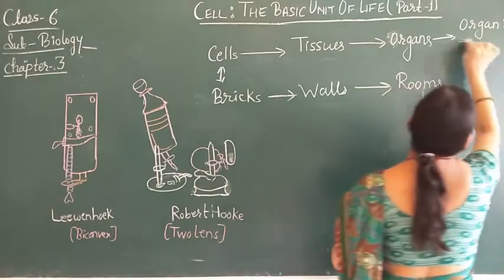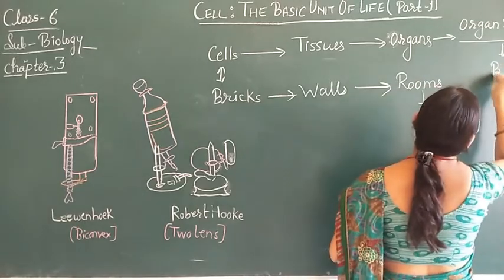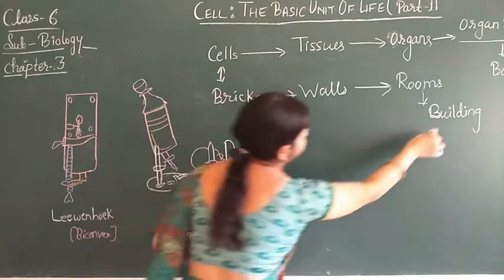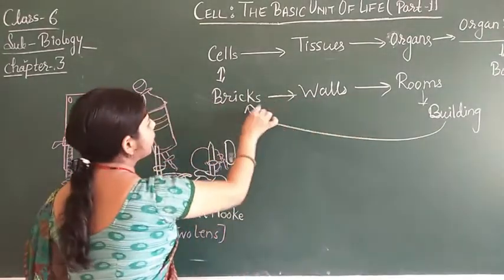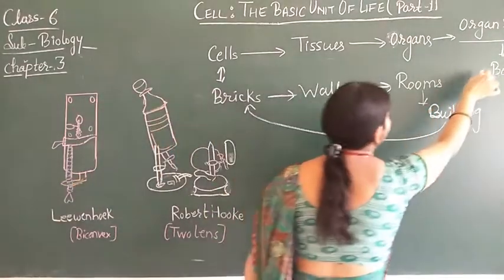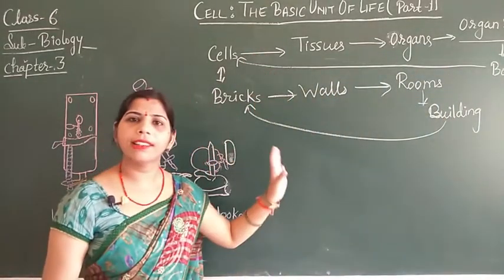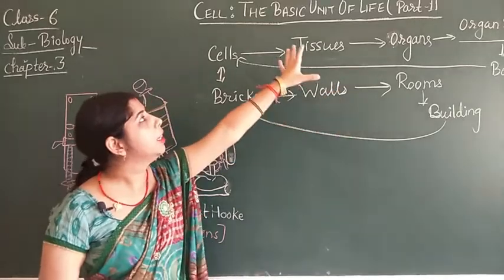And all the organ systems form the body. The basic structure of a building is bricks, and our body's basic unit is cells. That's why the cells are known as the basic unit of life.